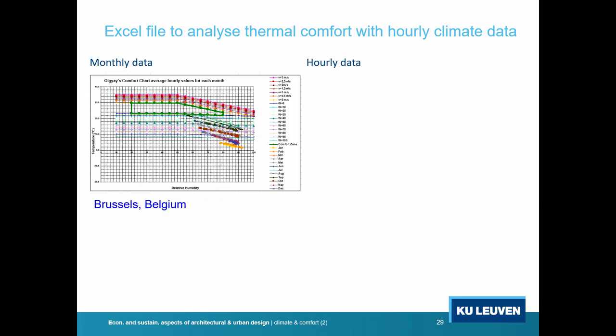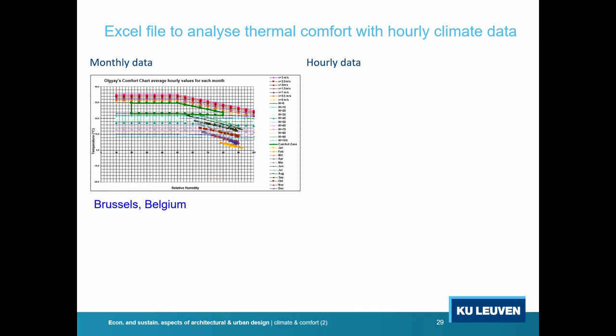So for each month you have 24 values, and each value is an average of all the days in that month. For January, for example, for this temperature here in the afternoon, at 2 o'clock, it's the average of the 31 values available for 2 o'clock.